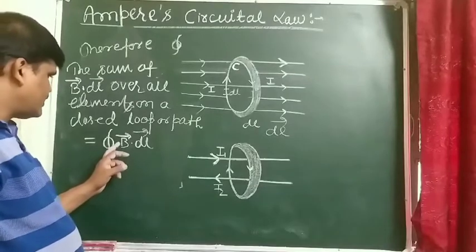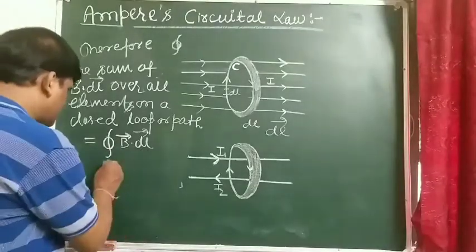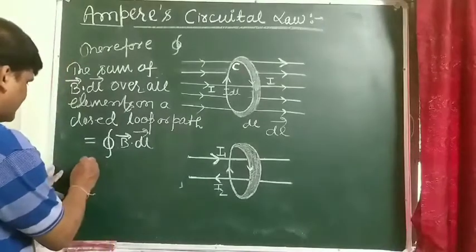So vector B dot dl is written as the line integral of the magnetic field.